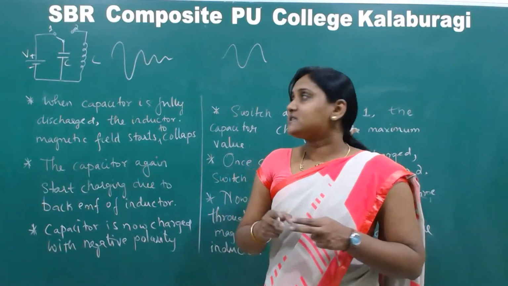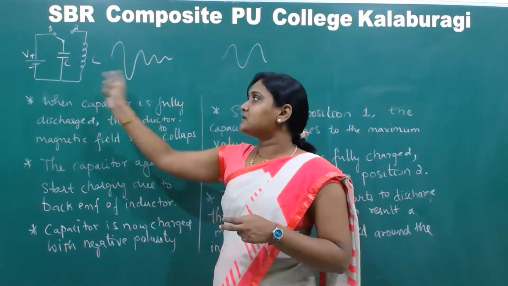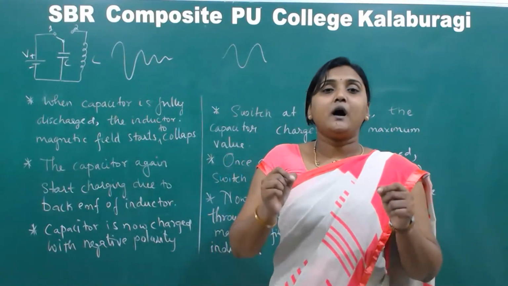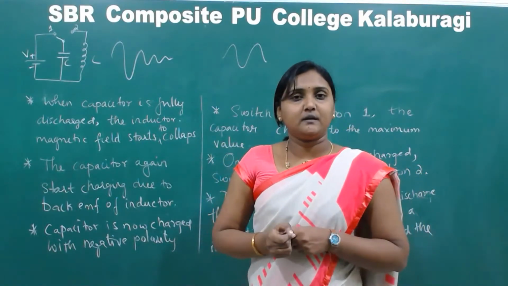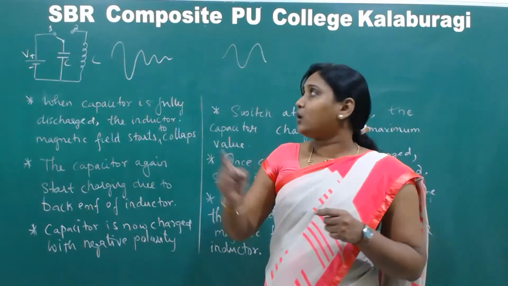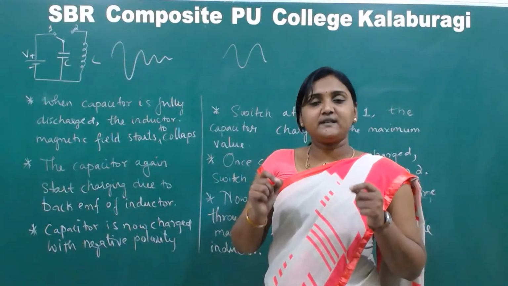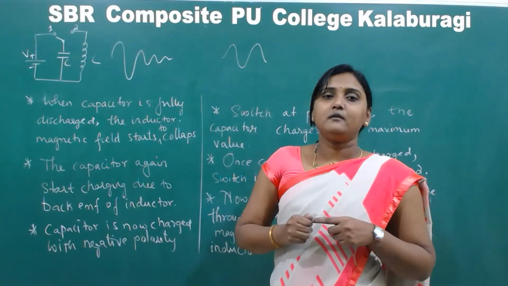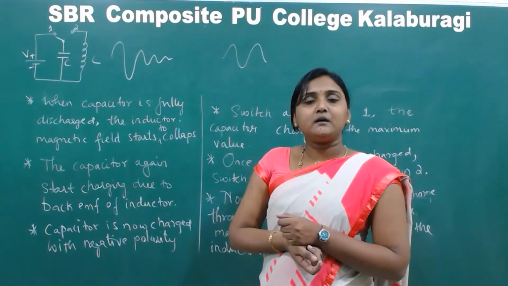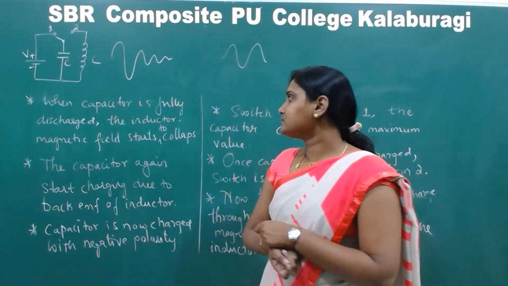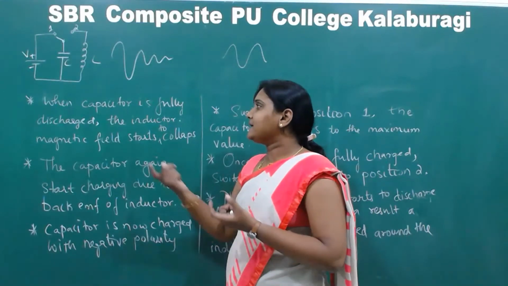These two conditions, if satisfied along with this tank circuit, it will be acting like an undamped oscillator. Clear? Along with this tank circuit, if it satisfies Barkhausen's criterion, then it is going to act like an oscillator. So this is about the tank circuit.